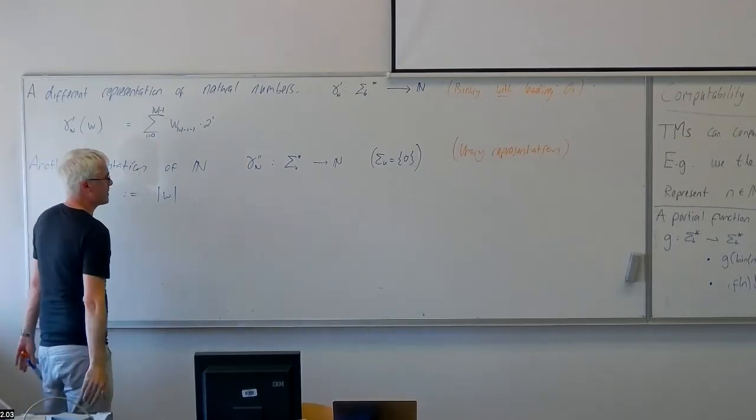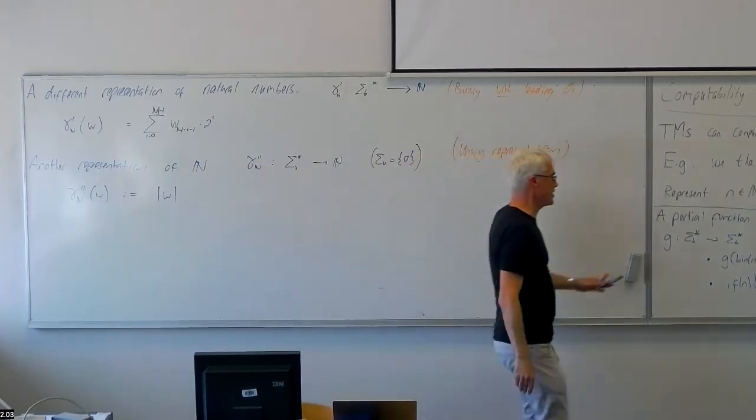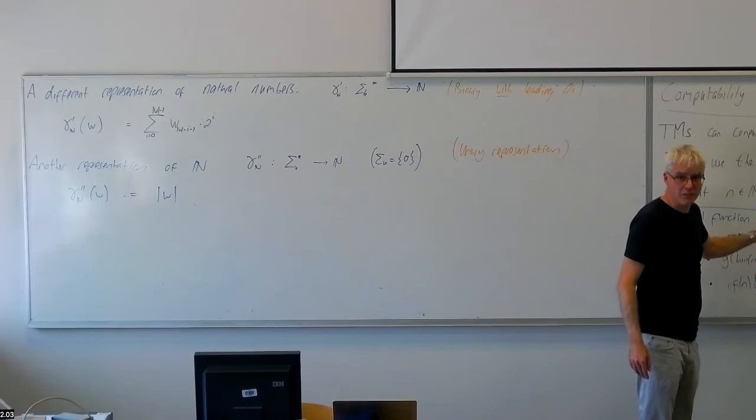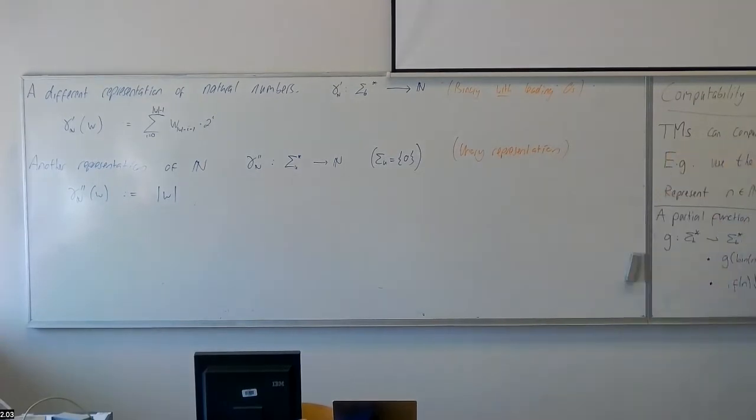Anyway, so those are two representations. Plus, we've got the original representation here. But notice that the first representation we used looks like it's of a different form, because here we have the function going in the opposite direction, from natural numbers to strings.